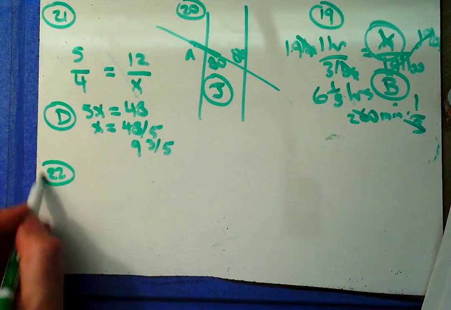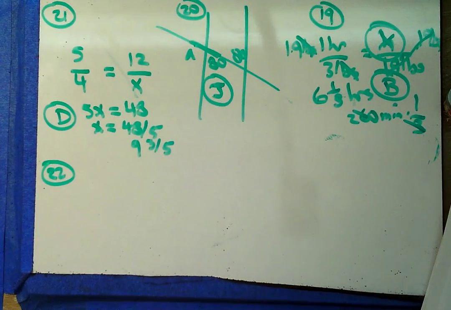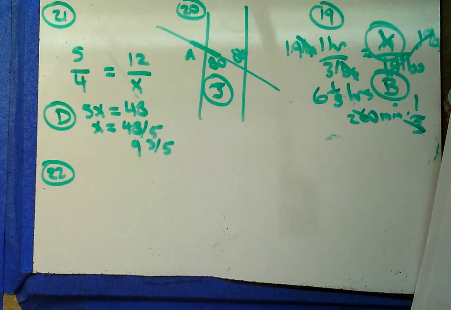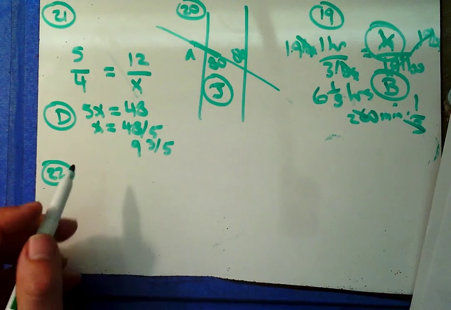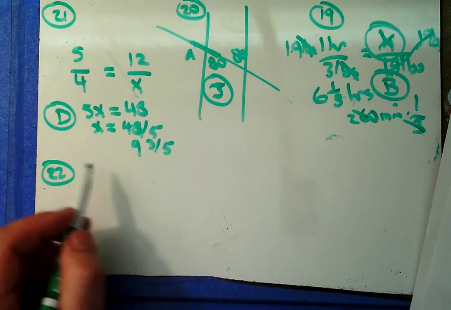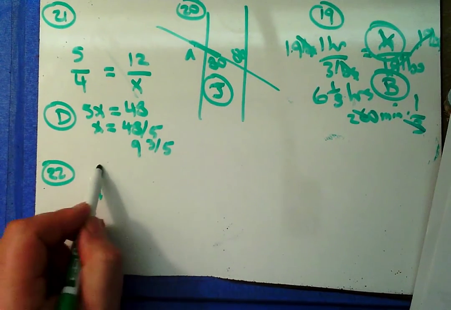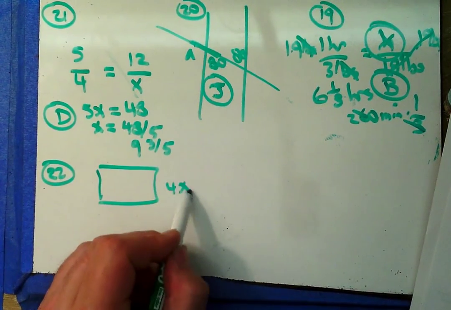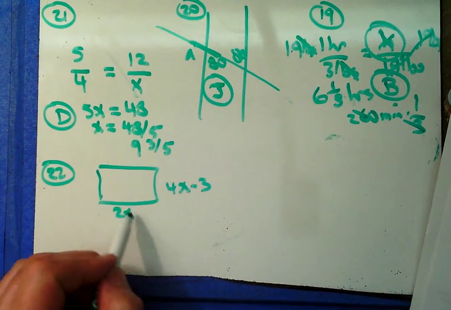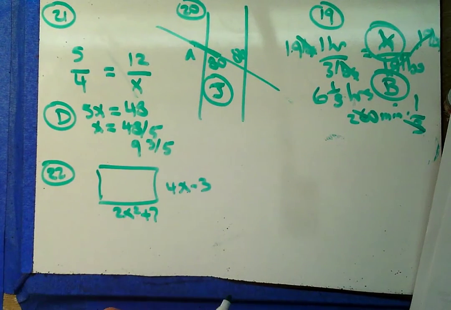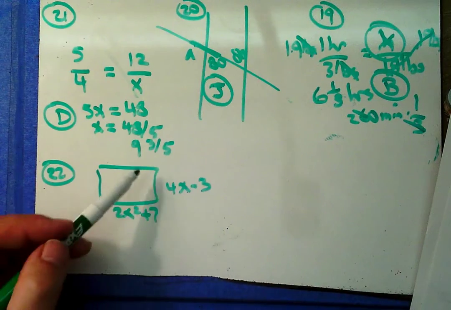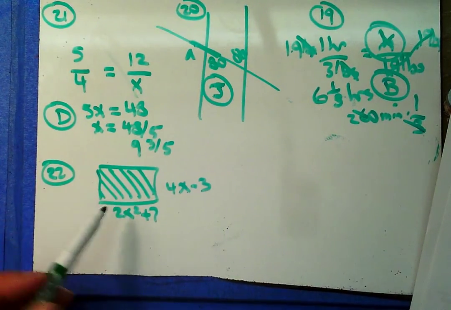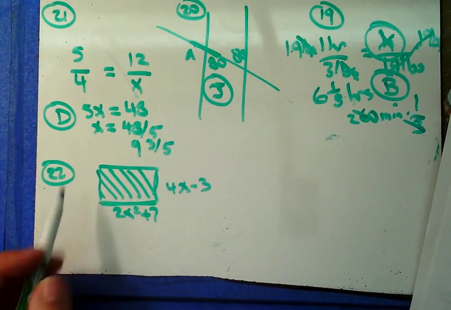22. Let's take a look at 22. The lengths of adjacent sides of a rectangle playground measure 4x minus 3 and 2x squared plus 7. Represent the area of the playground. Well, the area is the product of the length times the width.